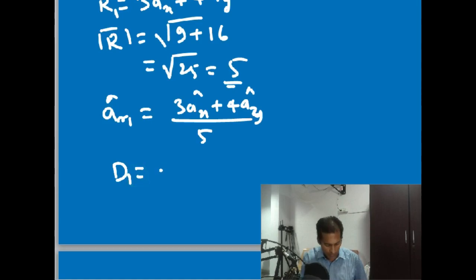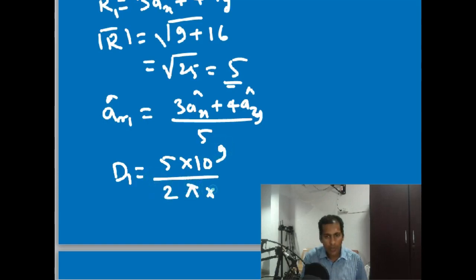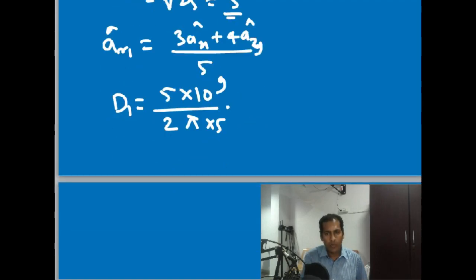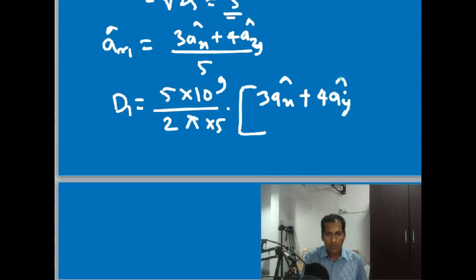So D1 will be equal to 5 into 10 to the power 9 divided by 2 pi into 5 into 3 AX cap plus 4 AY cap divided by 5.